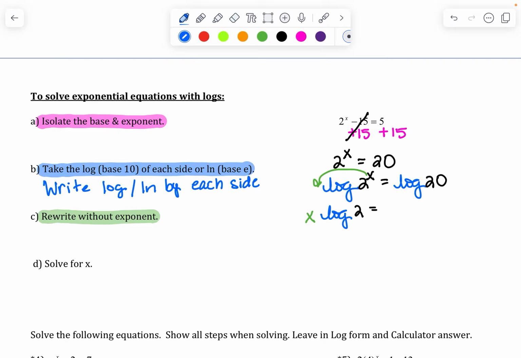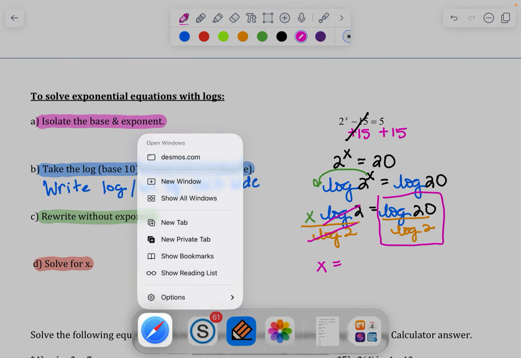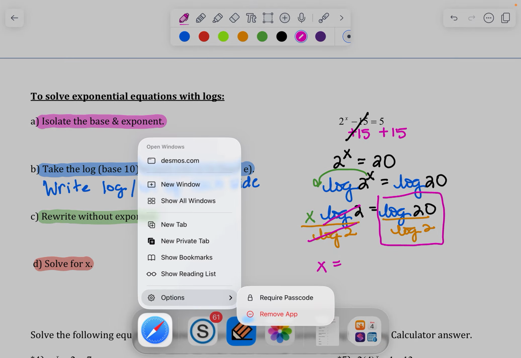So here we go: parenthesis, and then I'm going to write the word log, except I can't spell today, O-G, and then next it's 20, close your parenthesis, divided by log 2, and I don't really need to put that in parentheses. And then you're going to want to round. I'm not sure if it says, but I'm going to do 3 places. So it's going to be 4.322.